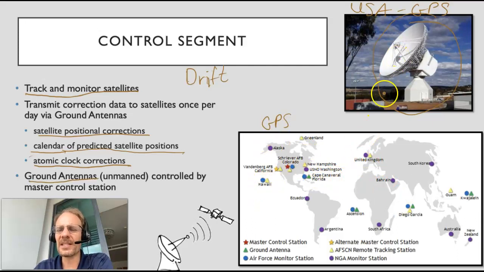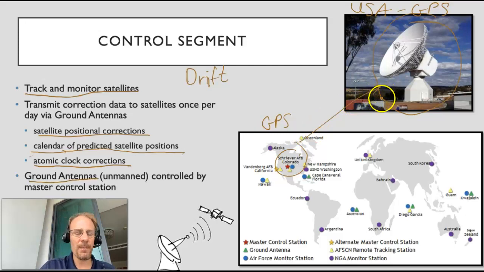By the way, this antenna right here is actually from this location right there. It's used to help manage and control those satellites and ensure that they are where they're supposed to be.